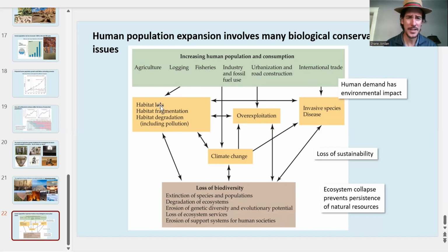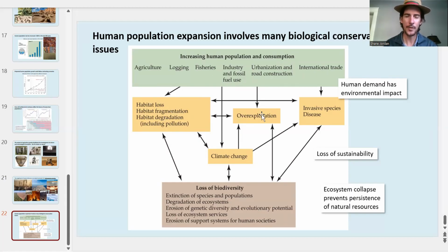And this whole situation also can lead to habitat degradation, including the results of pollution. And this can go hand in hand with things like overexploitation: developing too much agriculture, logging too much, fishing too much, exhausting our resources in order to meet the demands of an increasingly growing population.